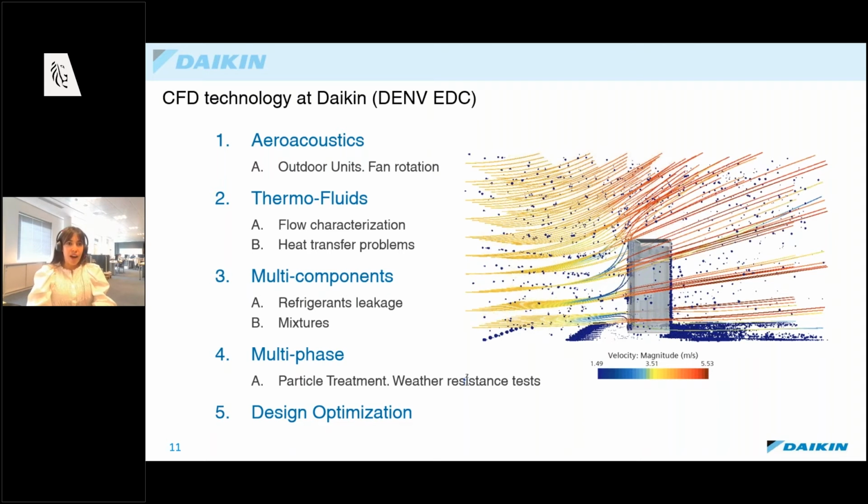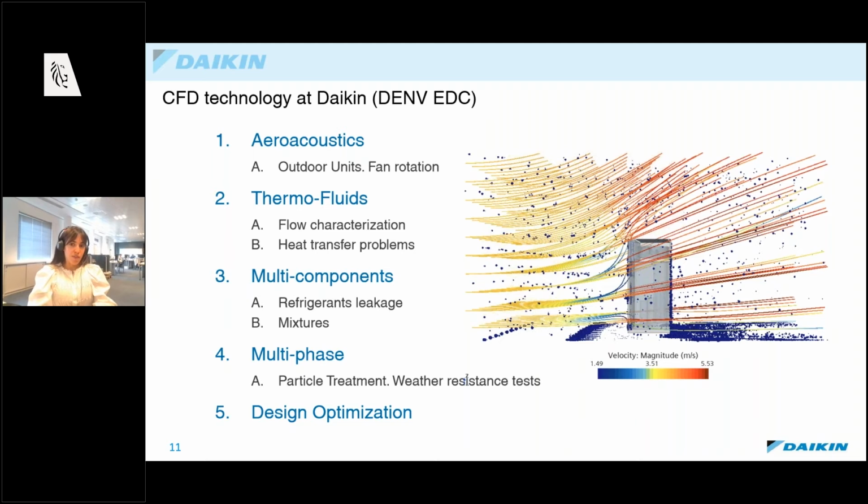So we have aeroacoustics, for example, that we use for the analysis of our outer units, fan rotation, thermofluids, where we analyze any type of problem where we need certain kind of flow characterization or heat transfer issue. We also use multi-component models, which we include for refrigerant leakage analysis or any type of mixture analysis.